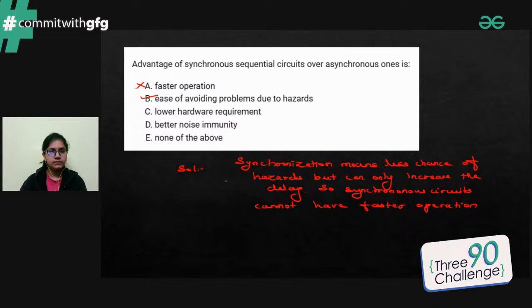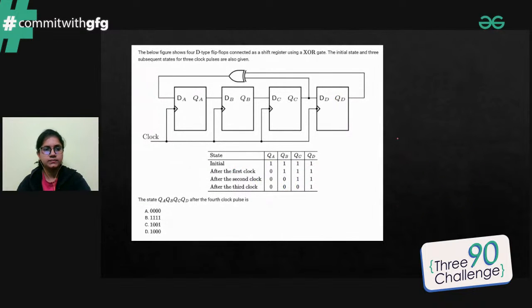And option D says that often asynchronous counters have better noise immunity. These are the reasons why A, C, D, and E are incorrect, and option B is correct. So the correct answer is B. I hope this question is very clear. Let's move on to the next question.